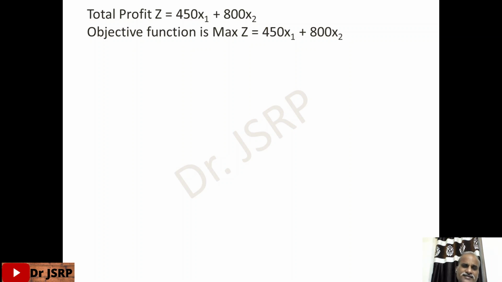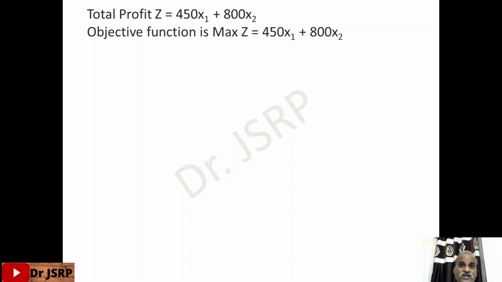In case of profit, gains, rewards, generally we try to maximize those numbers. Here the objective is profit, so the objective function is a maximization function. So max z equals 450 x1 plus 800 x2.